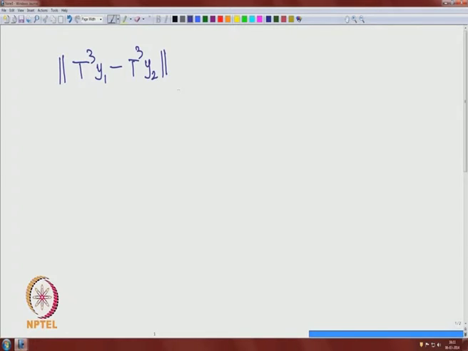So, Tq y1 minus Tq y2, you can show that this is less than or equal to alpha cube into x1 minus x0 cube by 3 factorial times y1 minus y2.